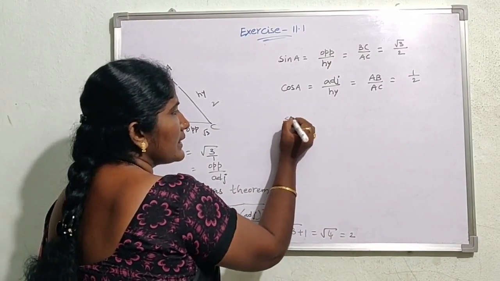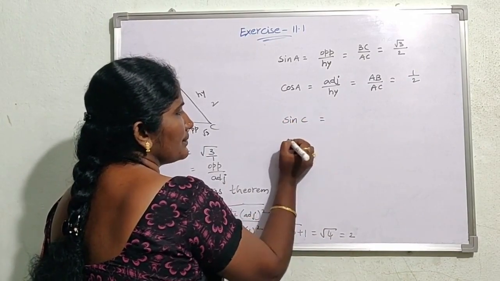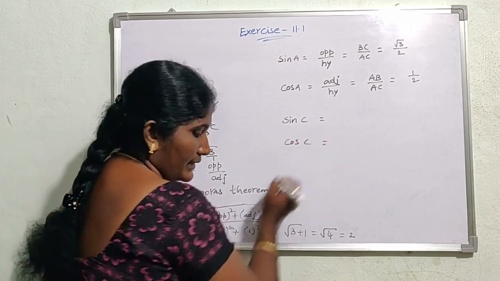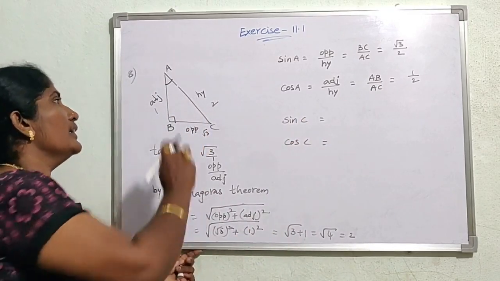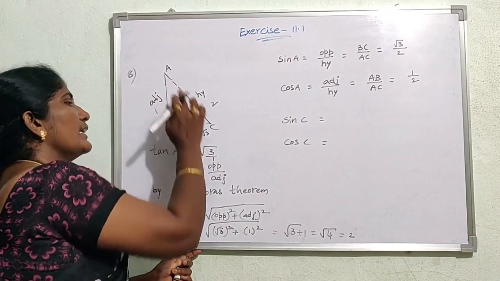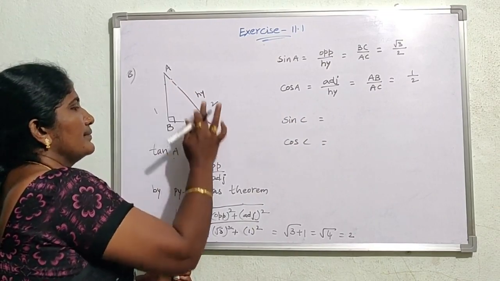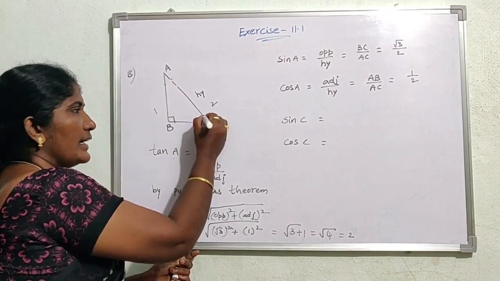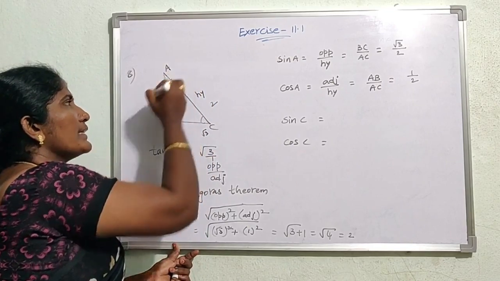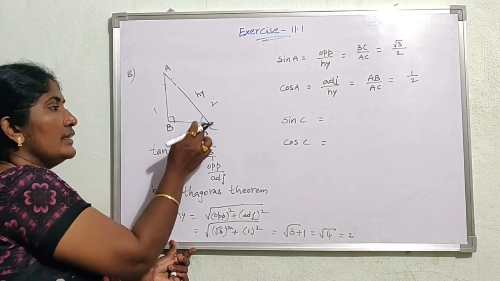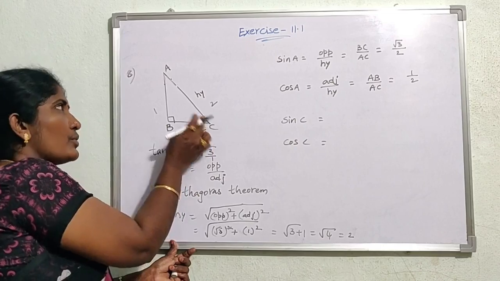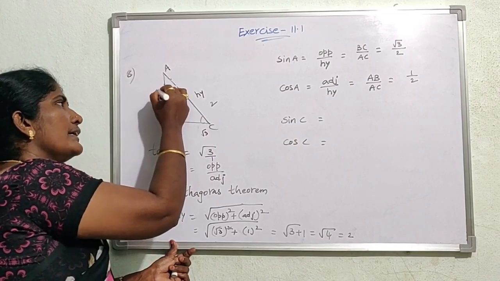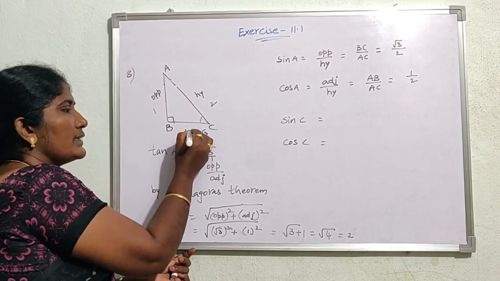Next they asked sin C and cos C also. Now we want to take angle at C. Angle at C. Then opposite side and adjacent sides will be changed. Here we take an angle. So AB becomes opposite side. BC becomes adjacent side.